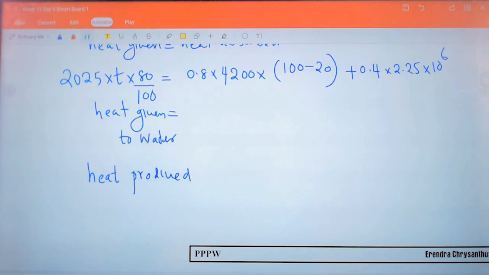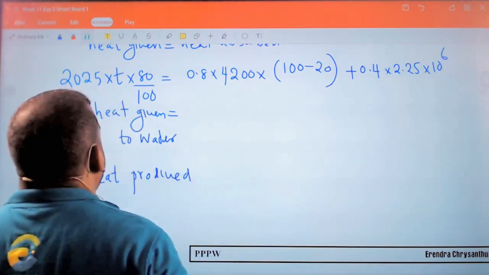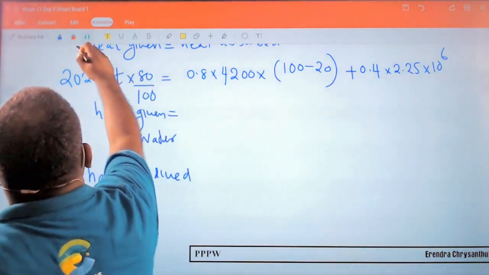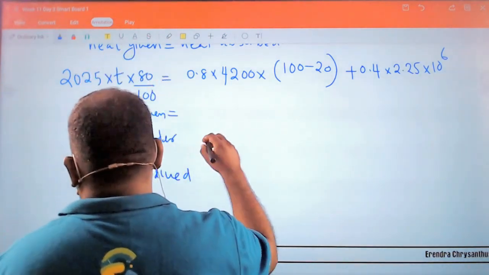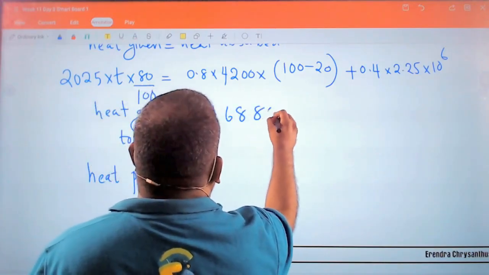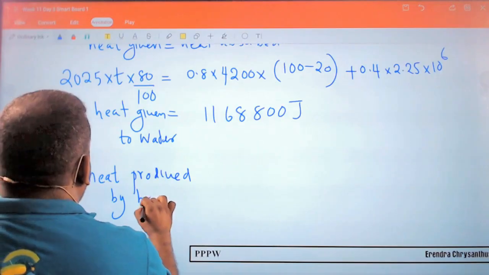0.8, 4200 into 80 plus 0.4, 2.25 10 to the power 6. That is heat given to water. 1168800 joules.